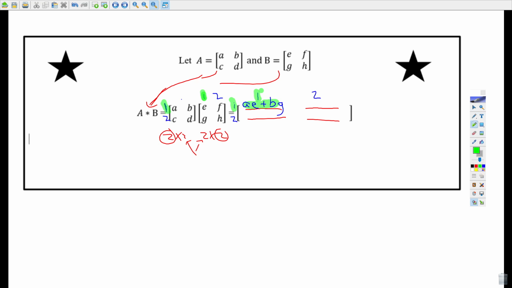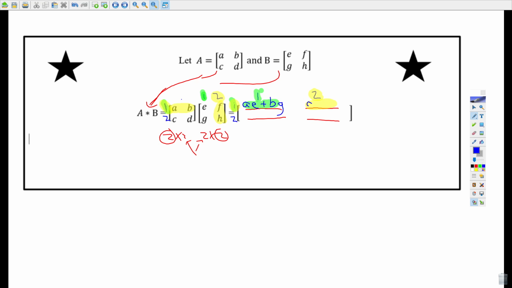So what happens if we just change to another position? How does that change things? If I go over to the next column, now I'm in the second column, but I'm still in the first row. So how does that match over here? First row still using A and B, but now I'm in the second column, so now I'm using F and H. So this is, again, go across and down, same time.